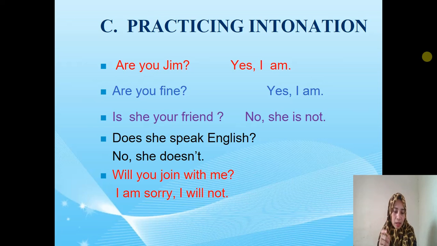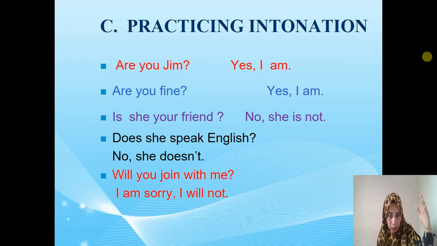The utterance consists of a word, a phrase, or a sentence. Intonation is divided into two: rising intonation and falling intonation.